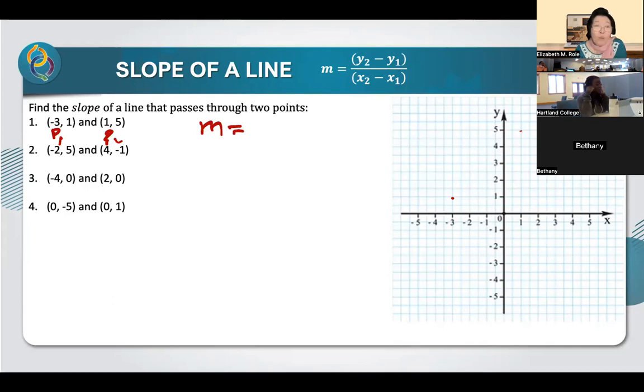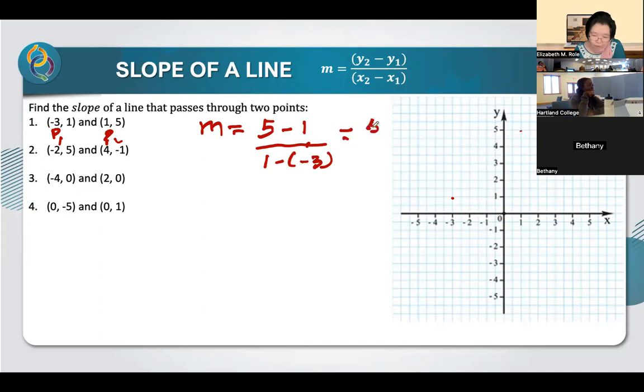So you begin with the y coordinates. So it will now be 5 minus 4 over 1 minus -3. Point 1, point 2. So it will now be 1 over 4.